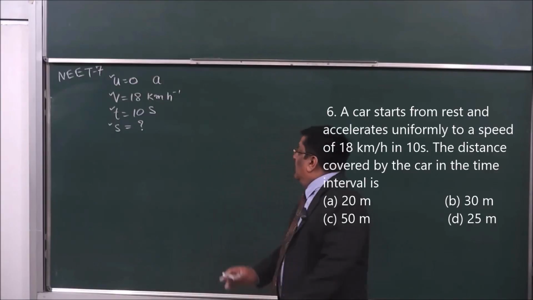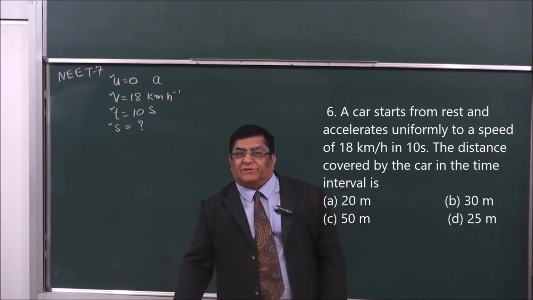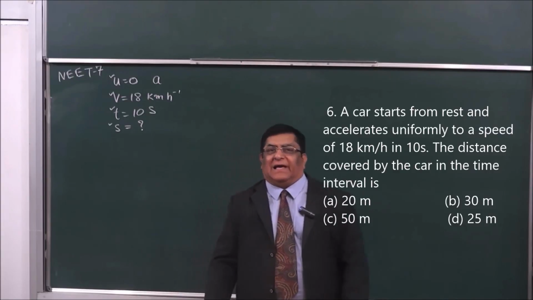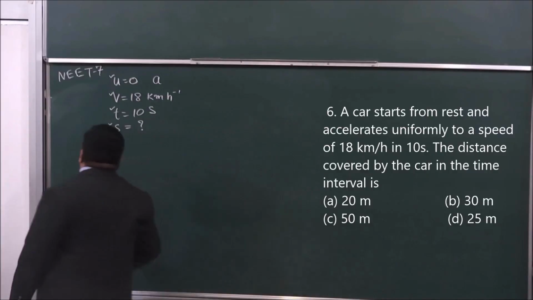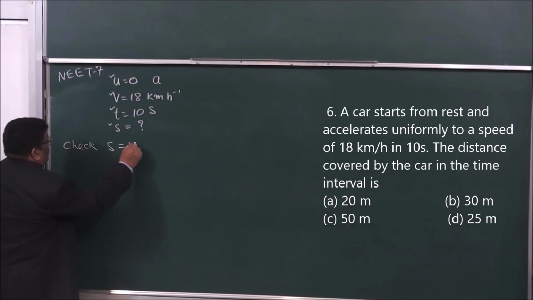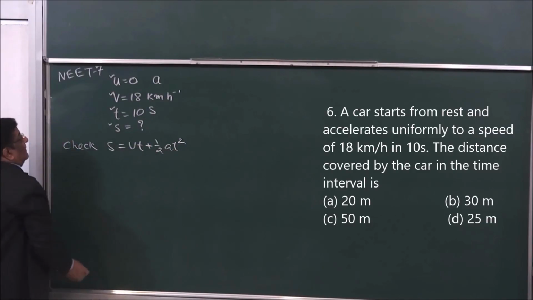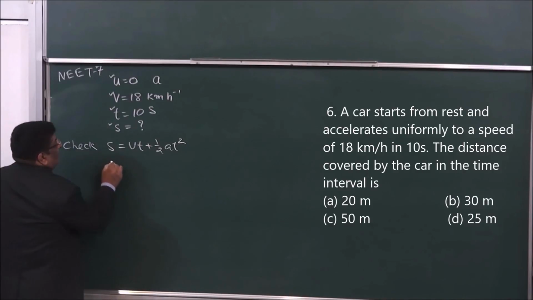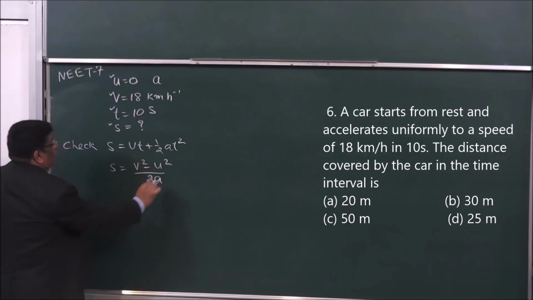We have to find out S. We know two equations to find out S. S is equal to ut plus half at square. Check. Yes. And which is the second one? S is equal to V square minus U square upon 2A.